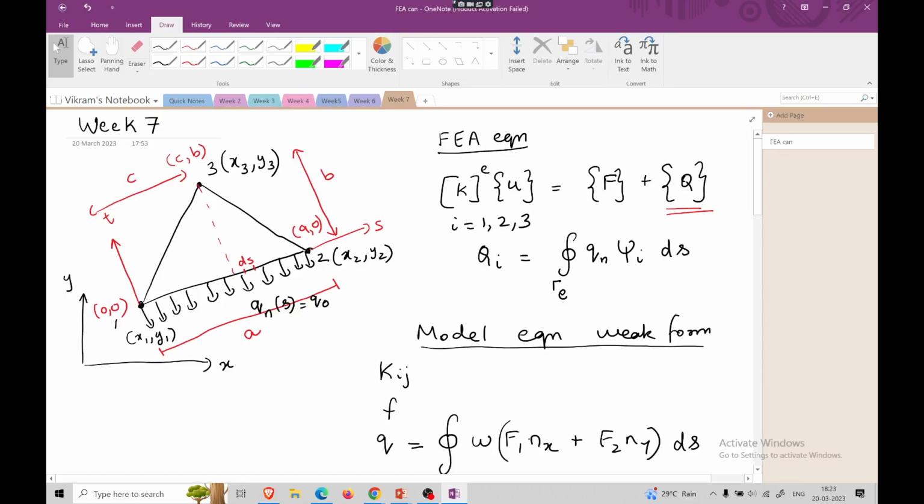So what is my x? So substitute p1, which is going to be x1, plus x2 minus x1 by a into s, plus this whole thing, c by a minus 1 x1 minus c by a x2 plus x3, into t by b.